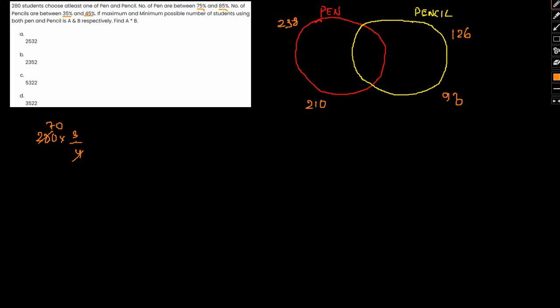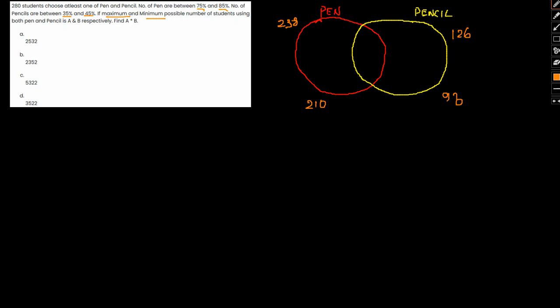Now what we need in this regard is to find the maximum and minimum possible number of students using both pen and pencil. So we know both pen and pencil will be pen intersection pencil. Let me write it in this way.